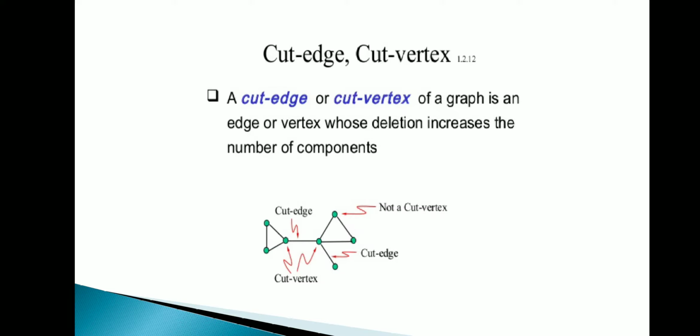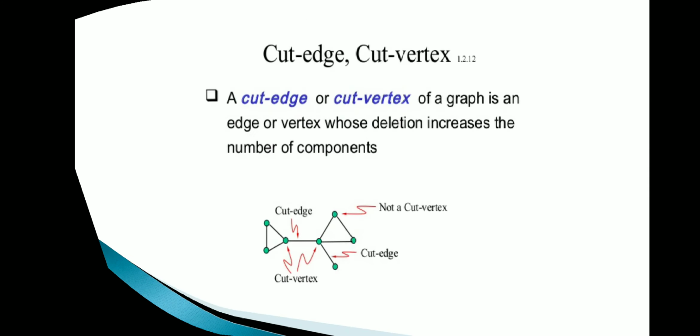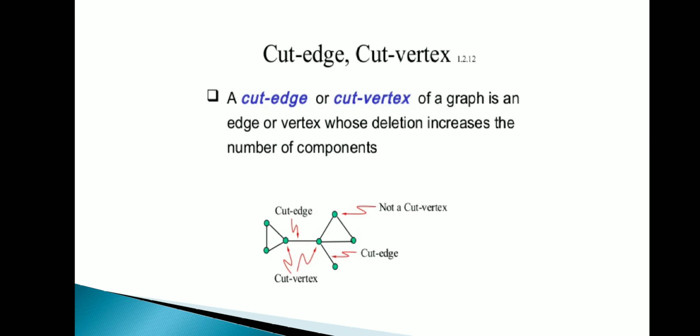And also if lines are removed and the components increase, the corresponding lines are called cut edges. We consider these figures. There are 7 points and 8 lines. There are 2 cut edges and 2 cut points.